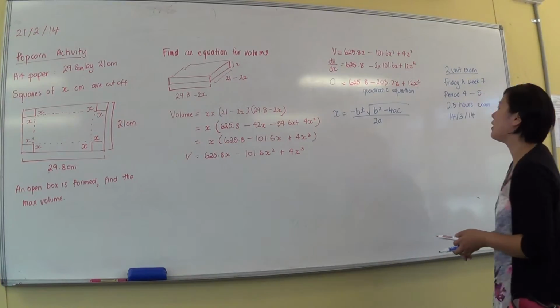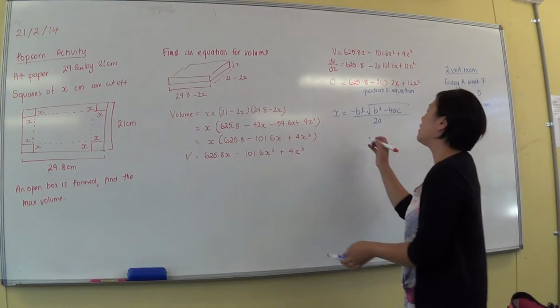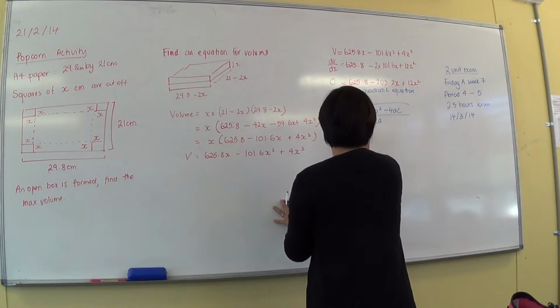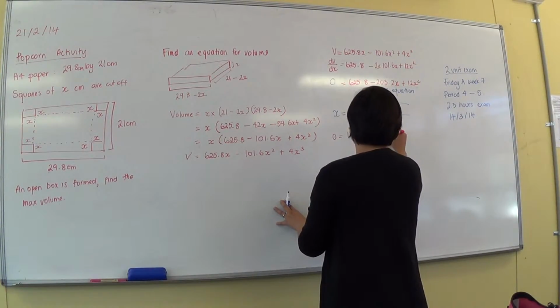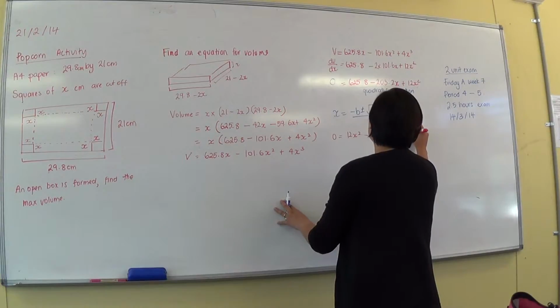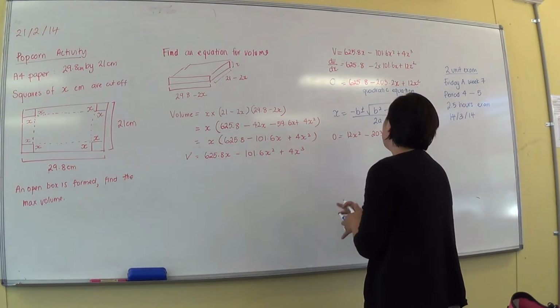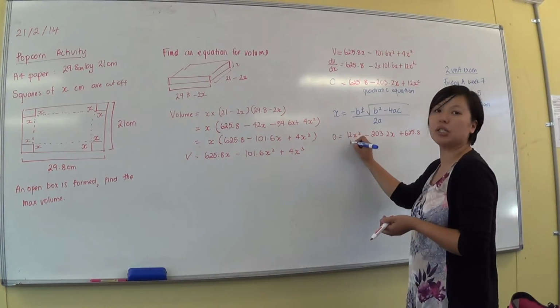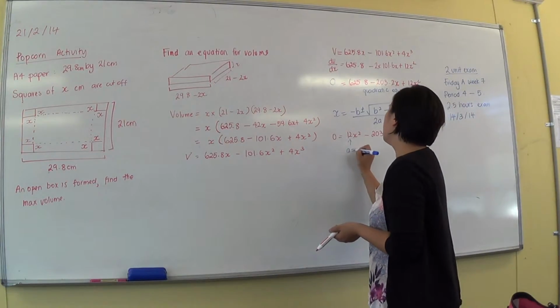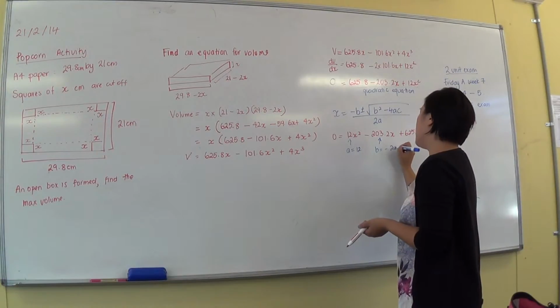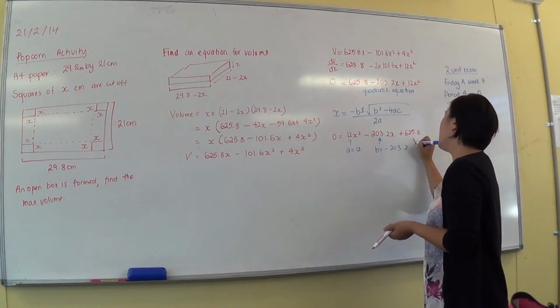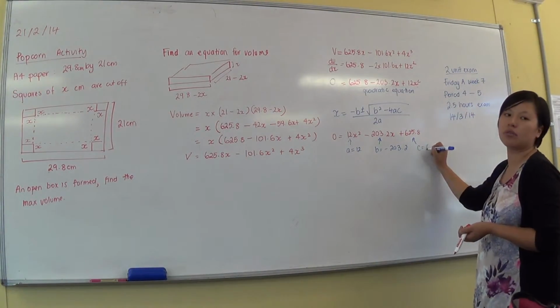Okay, it is a quadratic equation, but I need to rearrange it. So rearranging this, it's 12x squared minus 203.2x plus 625.8. So a is going to be 12, b is negative 203.2, and c is 625.8.